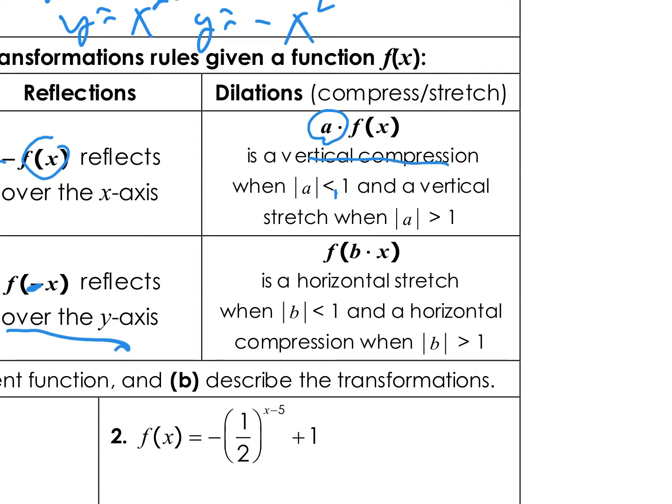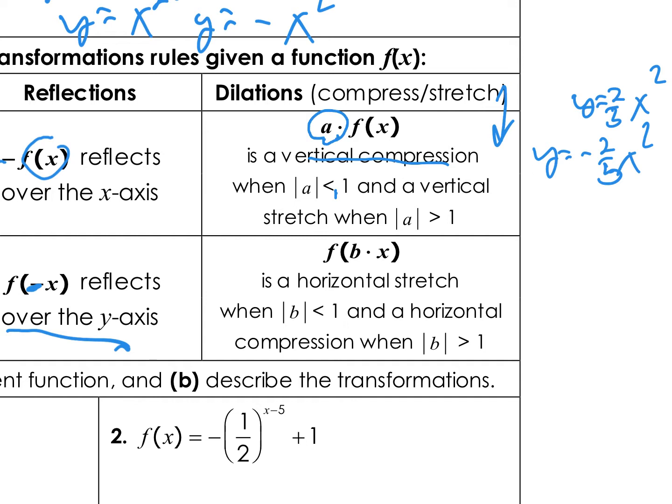I called it a shrink, a vertical shrink. It pushes it down, it compresses it. We've had that before when the number was less than 1, like y equals 2/3 x squared. Even if it was y equals negative 2/3 x squared, it becomes fat and wide.